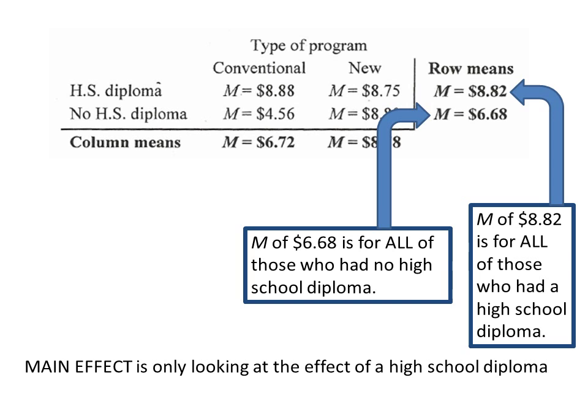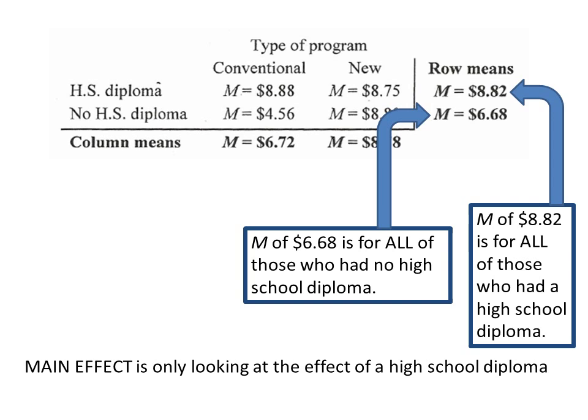Now, if we're just looking at the numbers for the means of those who have a high school diploma and those who don't, the numbers suggest those who have a high school diploma, on average, have higher earnings than those who do not.